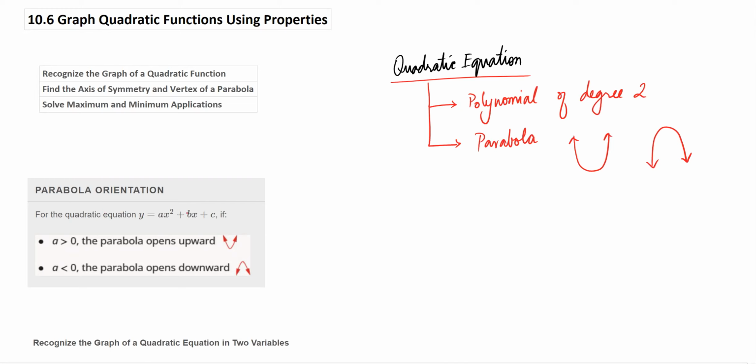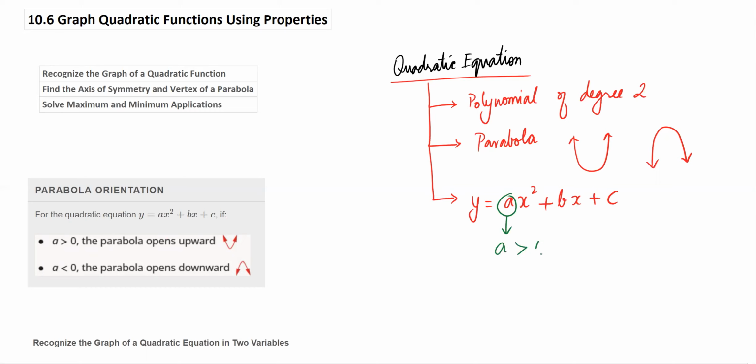So if your quadratic equation is y equals ax squared plus bx plus c, you can expect your parabola to open up or down. How do we know if it's going to open up or down? Another cool trick is A tells you how it opens. This A is very, very important.